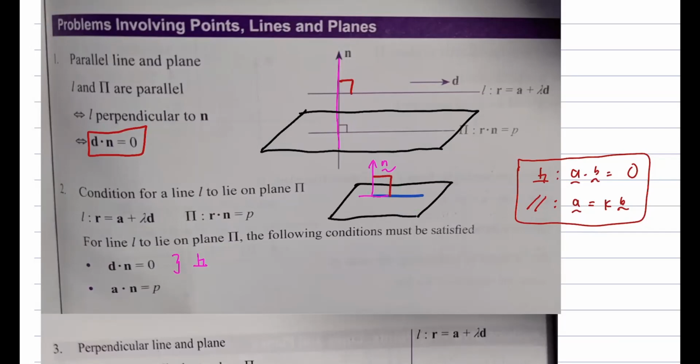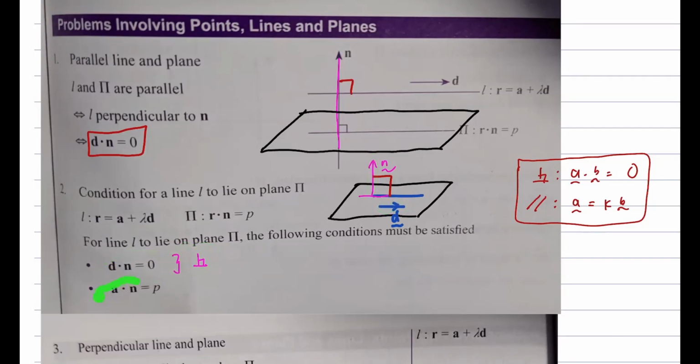Because they are perpendicular, I can take the direction vector, which is parallel to the line. This normal and this direction vector will also be perpendicular. Is that clear? Okay, good. That's why, because they are perpendicular, the dot product is equal to 0. That's the first condition.